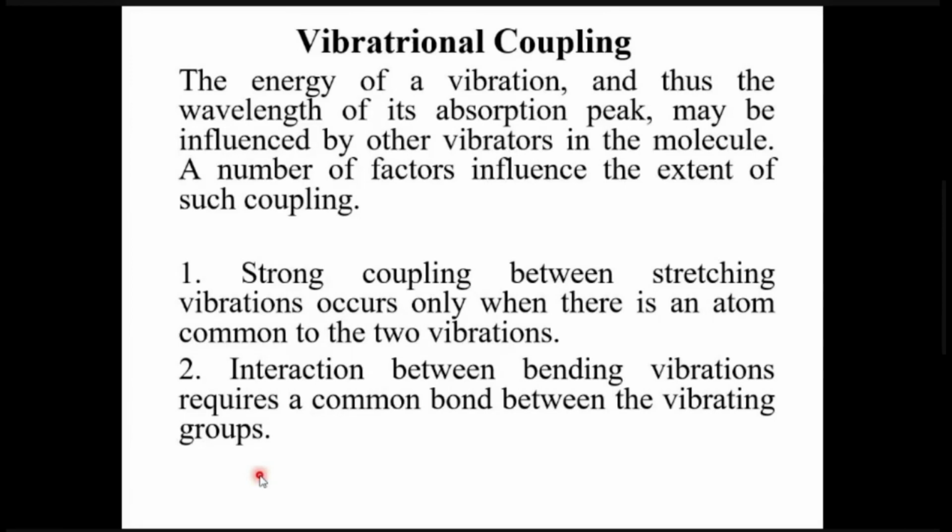As the shaking magnet comes closer and closer to the steady magnet, you will start feeling a force in the other magnet. You will feel that the other magnet is trying to vibrate along with the first magnet. In this situation, we can say that these two magnets are coupled. Similar things happen with bonds in the molecule also.